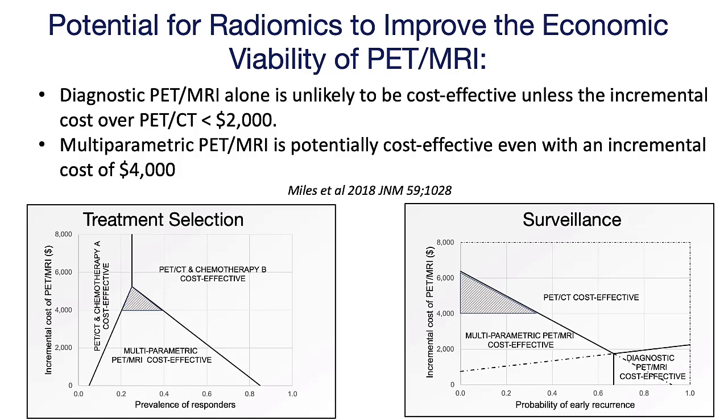But by modelling, we can show that if we use PET MRI for treatment selection or image guided surveillance, we could have situations where PET MRI would be cost effective even with an incremental cost over PET CT of $4,000. So this could be one use for radiomics, one way of moving PET MRI into a clinically cost-effective technique.